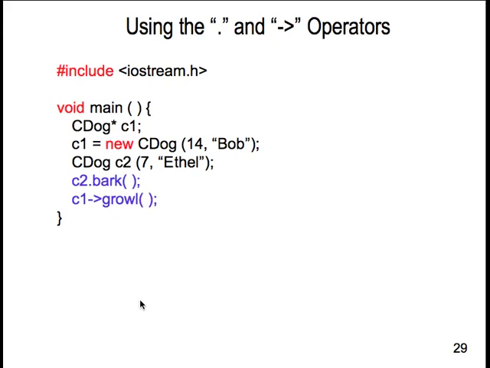So using the dot and the line arrow operators, we have here C1, which is a pointer variable, and C2, which is not a pointer variable. So C2.bark and C1 with this new operator gives us a growl, because we run the method growl.